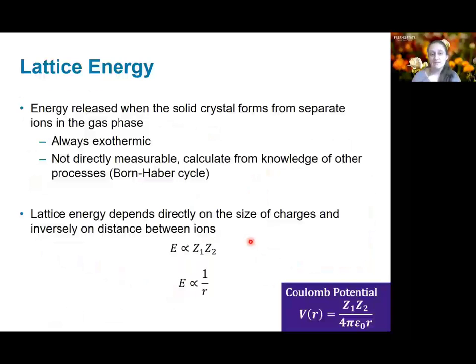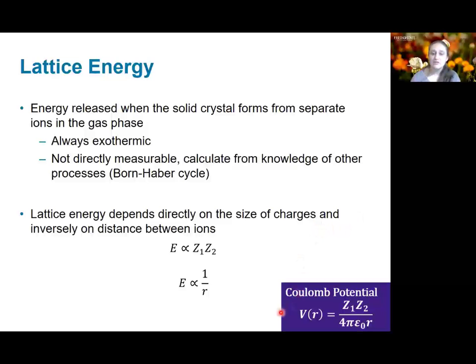It turns out that we can't measure this lattice energy directly. We have to calculate it based on knowledge of other processes. And if you're interested in learning more about this, you can look into the Born-Haber cycle. More importantly for our purposes is the qualitative effects on the lattice energy of the charge and the distance between the ions.